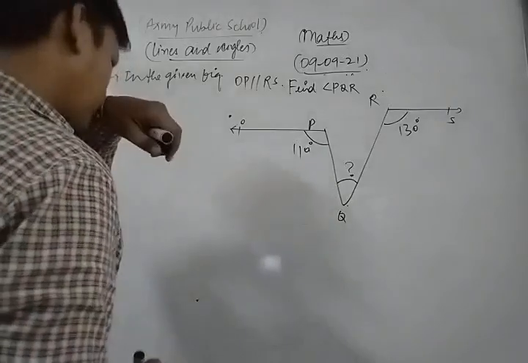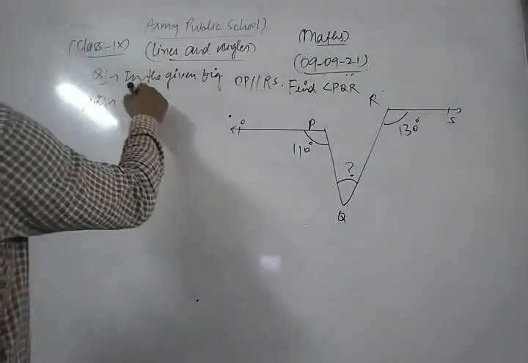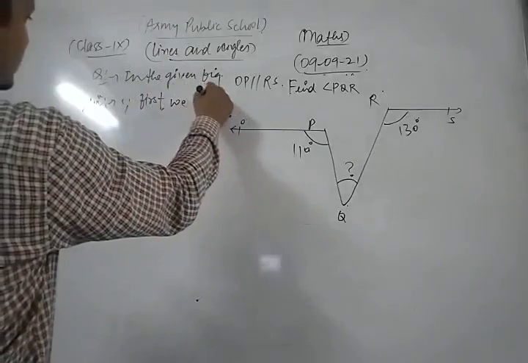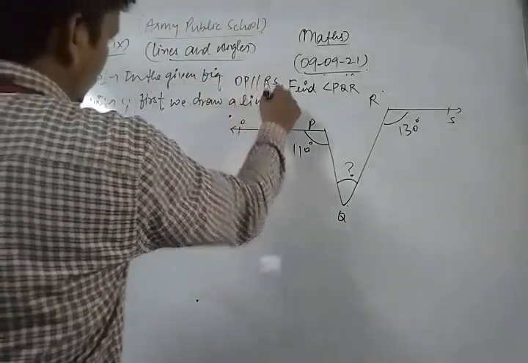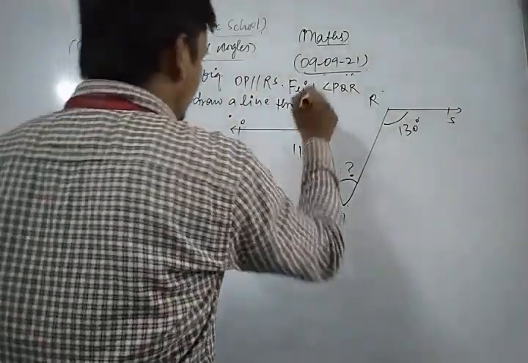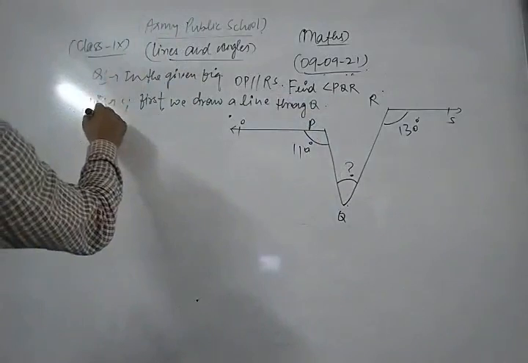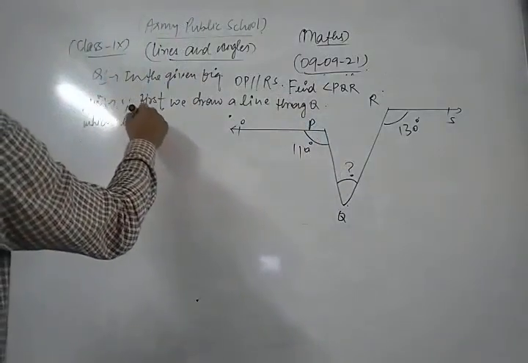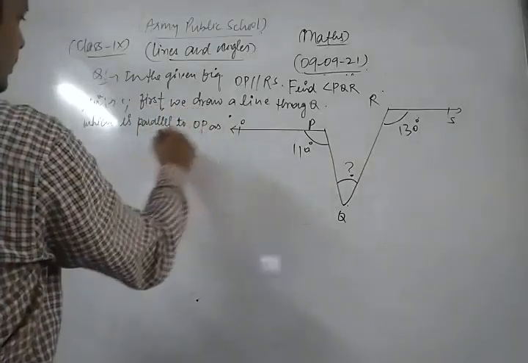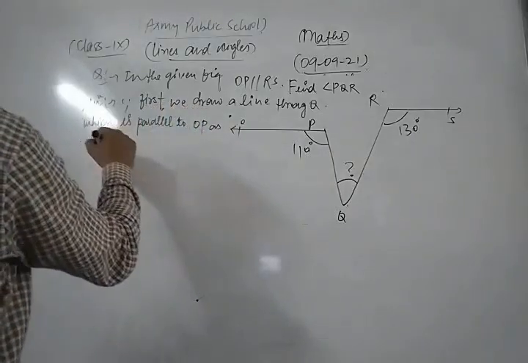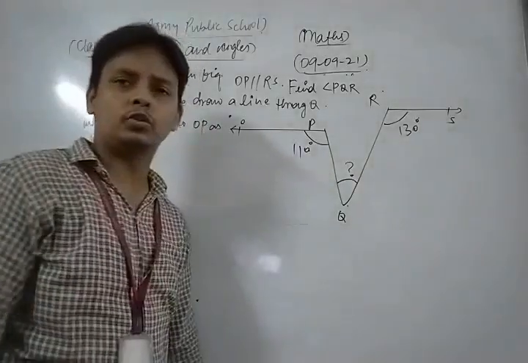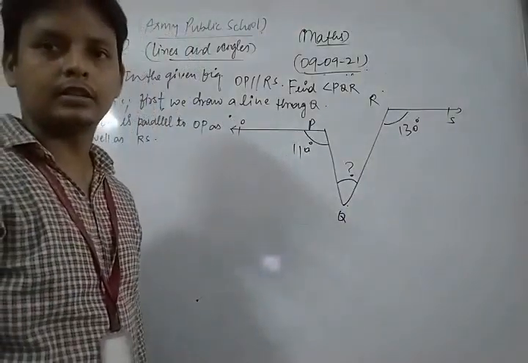First we draw a line through Q which is parallel to OP as well as RS.